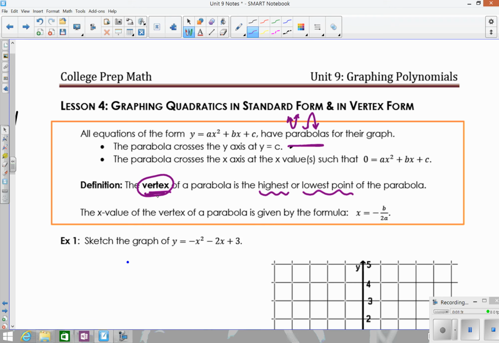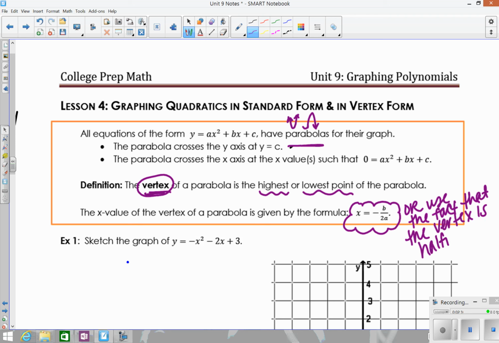In order to find the vertex, there's a couple ways that you can do that. The vertex is always halfway between any two zeros, and you can also find the vertex by using this formula. So you can use this formula, x equals negative b over 2a, or use the fact that the vertex is halfway between the zeros.